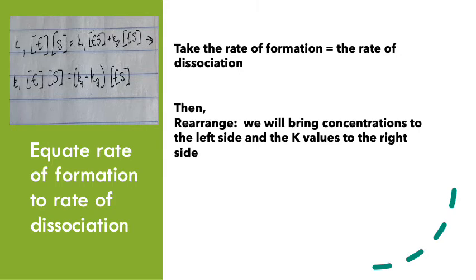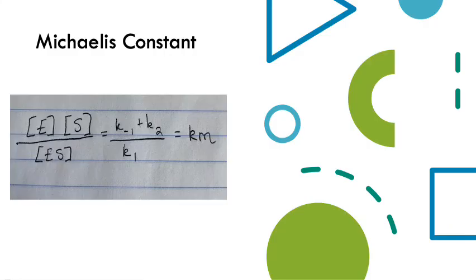This is an essential step because we need those to be balanced or equal. Next, we're going to rearrange. We're going to bring the concentrations to the left side of the equation, and then move the K values over to the right side, which you can see here.